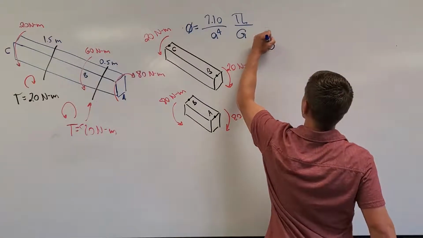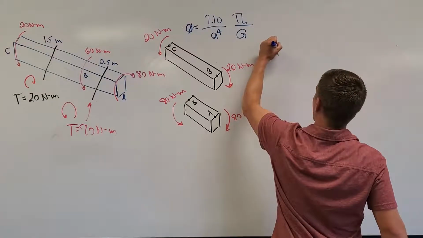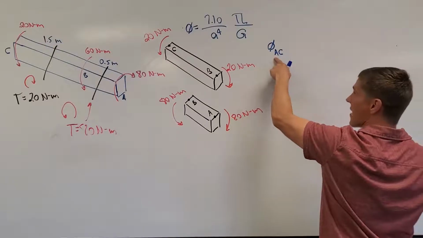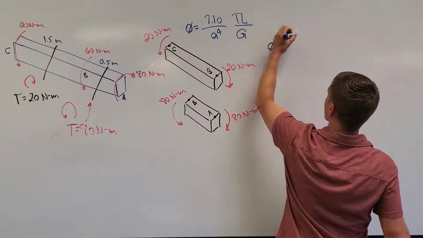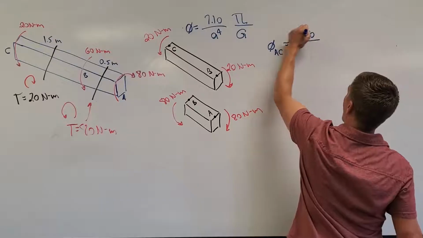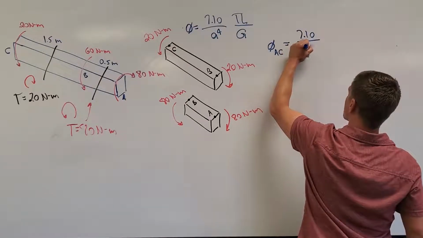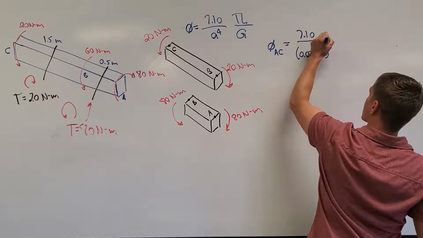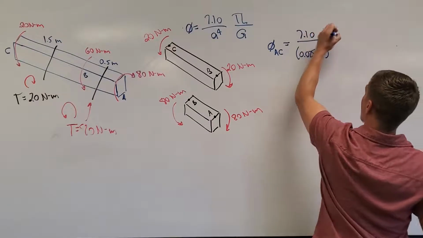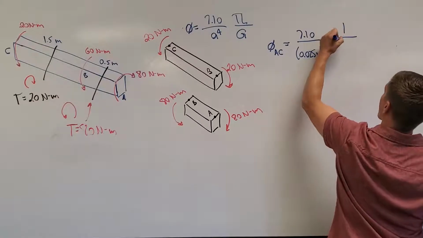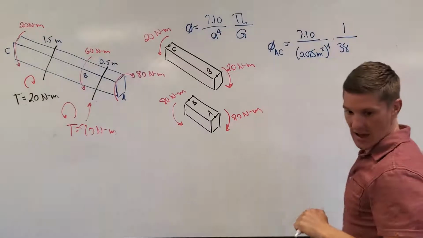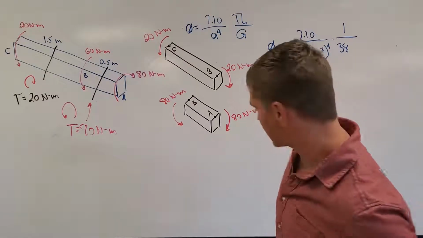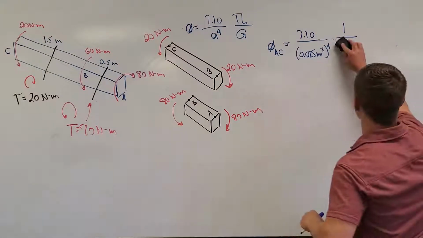phi of A with respect to C, my rotation angle, is still going to be 7.10 over a, which was given as 0.025 meters squared, all that to the power of 4. We are going to have a 1 over 38. Oh, 38 was the last problem. This one is 26 gigapascals.